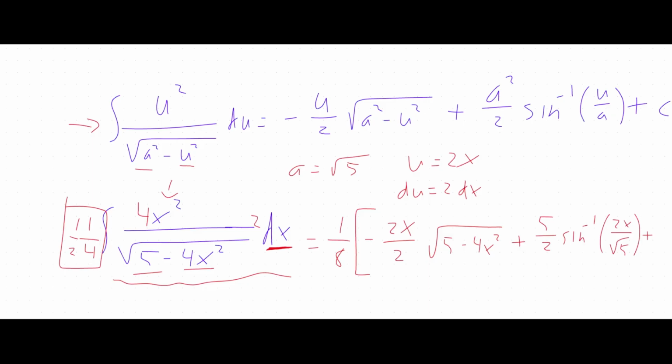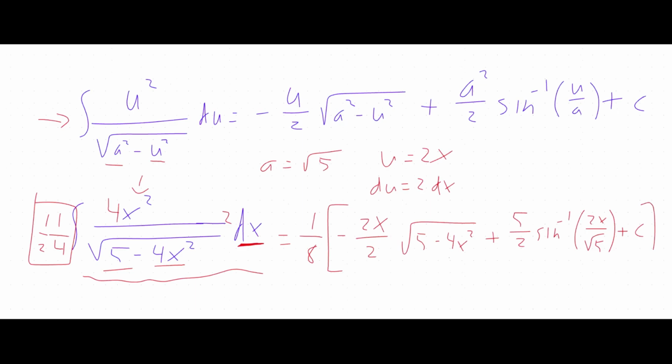And we need to close our parentheses. Now we can do some simplification. These 2's are going to cancel. We could rationalize that expression inside the arcsine if we wanted to. We could distribute that 1/8 to everything.